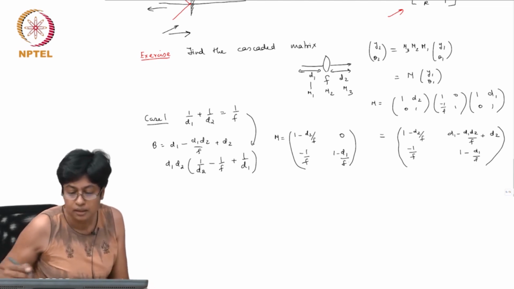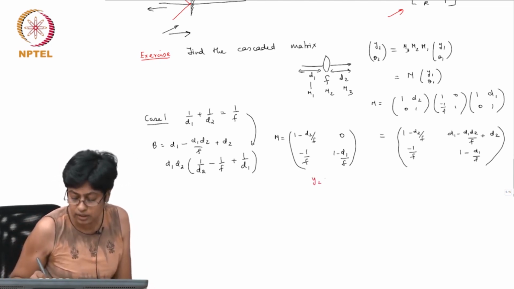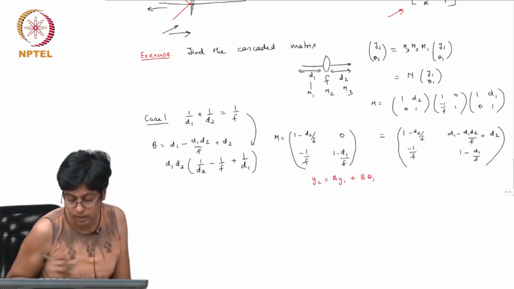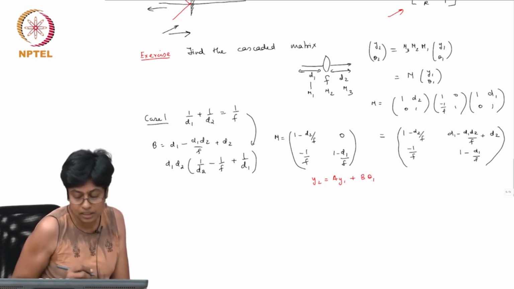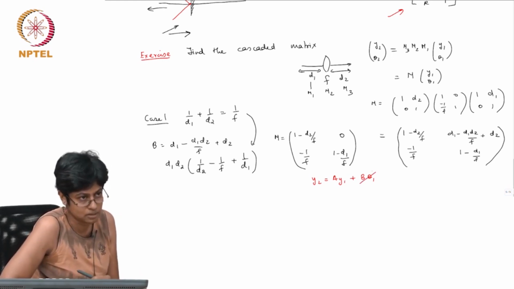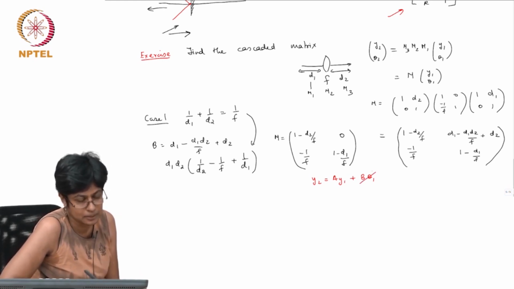B affects which parameter? Y2, right? Y2 is equal to A Y1 plus B theta 1. Now we are saying B is 0. So, in effect, we are removing this term always. In other words, Y2 is equal to A Y1. What does that mean?